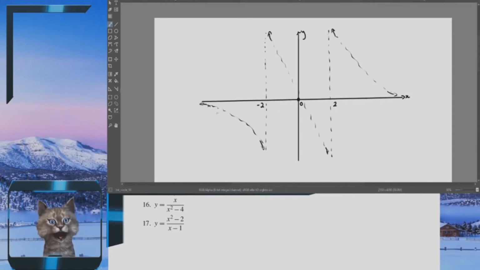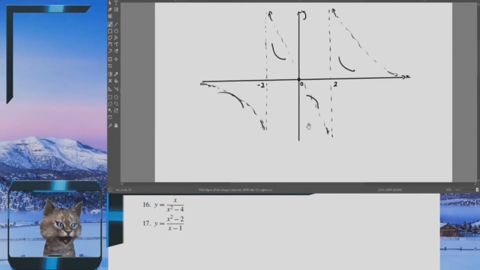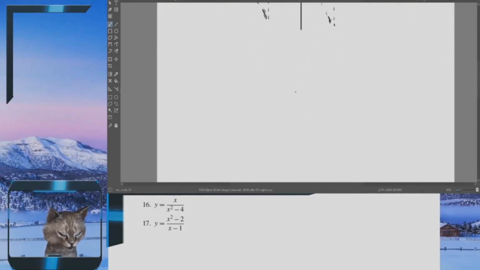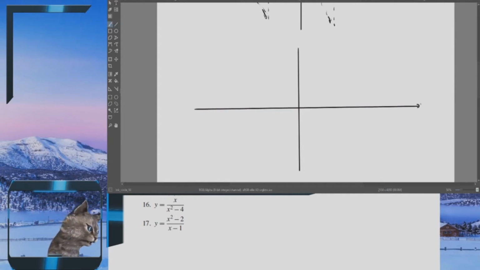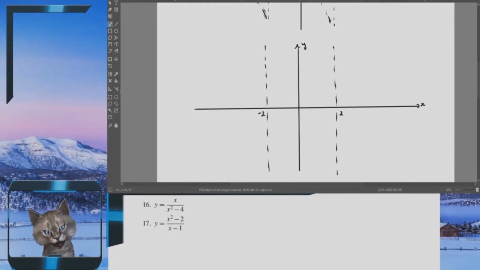So I'm bending down, then I'm bending up, down, up. And we have enough to fill in to make our graph. I'm just going to make a better looking one over here, but you can of course update it as you want to. So I have my 2 vertical asymptotes, 2 and negative 2.